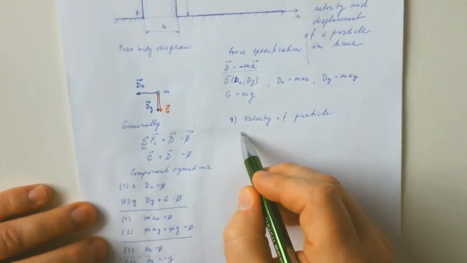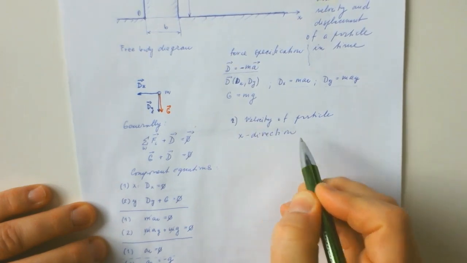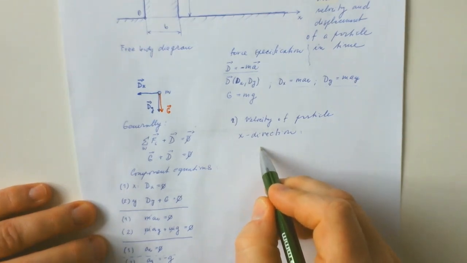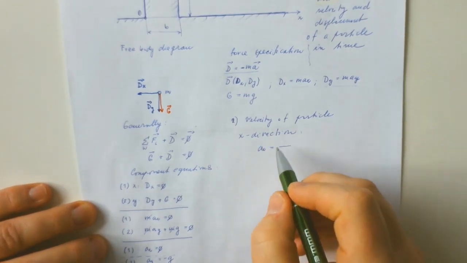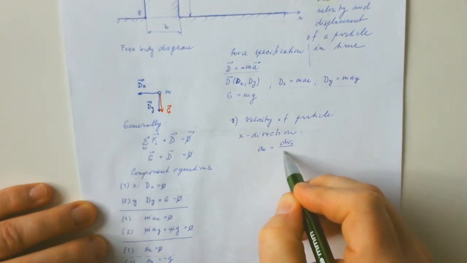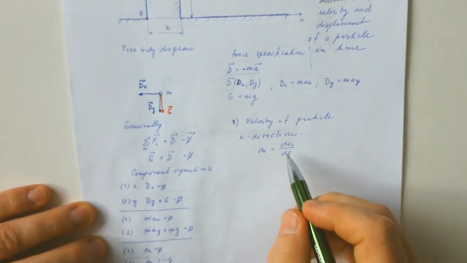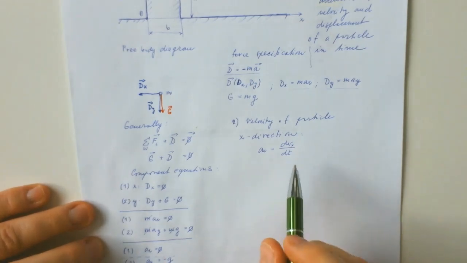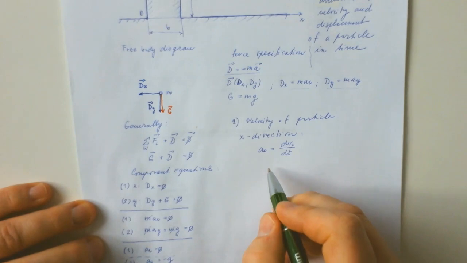So, x direction. We can use the definition that ax is dvx over dt, and we know that the acceleration in the x-axis is 0, so the velocity is constant in the x direction.